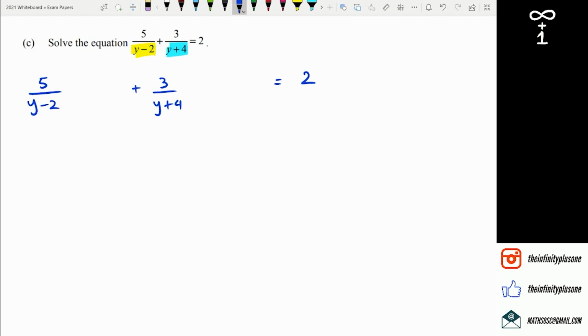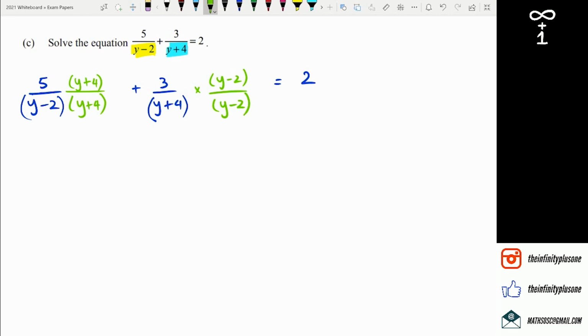The reason I've spaced this out is because if I look at the denominator, I've already got y minus 2 in the denominator, which means I need to multiply by y plus 4 over y plus 4. And then as for the other side, I'm going to multiply by y minus 2, and in the denominator it's also going to be y minus 2.